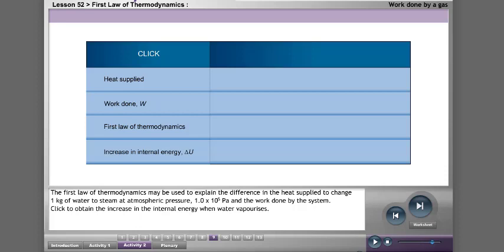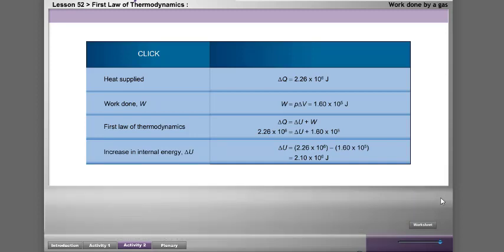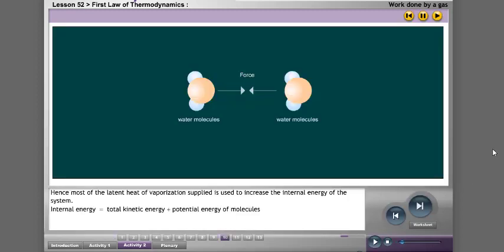Click to obtain the increase in the internal energy when water vaporizes. Hence, most of the latent heat of vaporization supplied is used to increase the internal energy of the system.